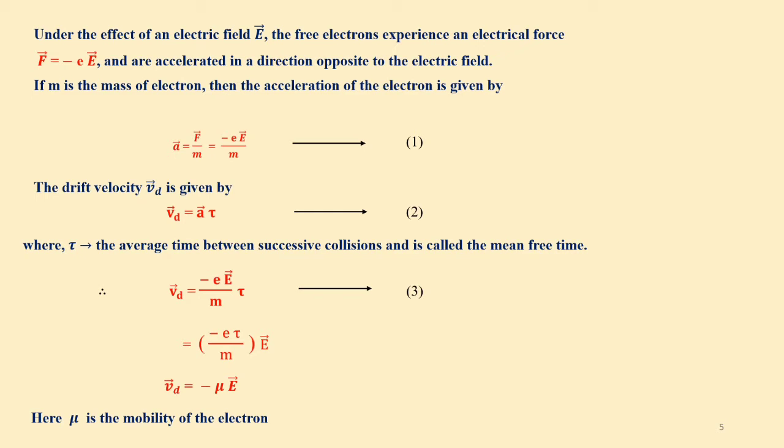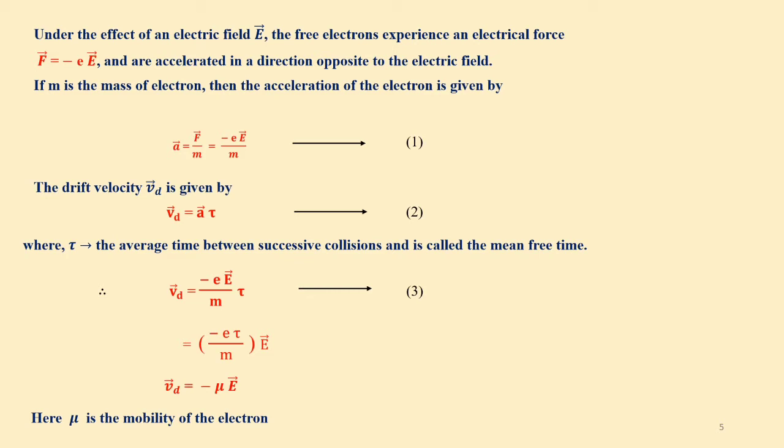This is equation 1. Now the drift velocity V drift is given by acceleration into time tau, equation 2, where tau represents the average time between two successive collisions and is called the mean free time. Already we have explained in the class that whenever an electron tries to go in the forward direction, it undergoes a collision with a positive ion and changes its path.